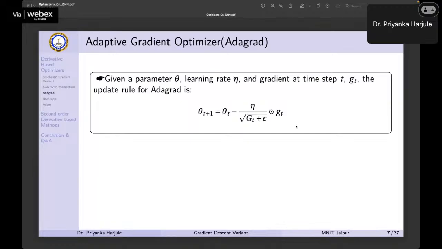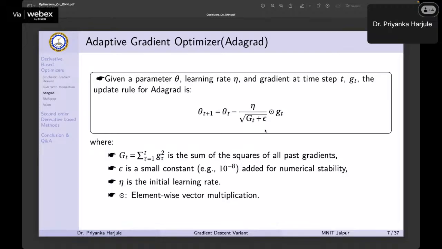AdaGrad adapts the learning rate individually for each parameter, using the sum of squares of the past gradients. You can see the update rule has now changed as compared to SGD with momentum.